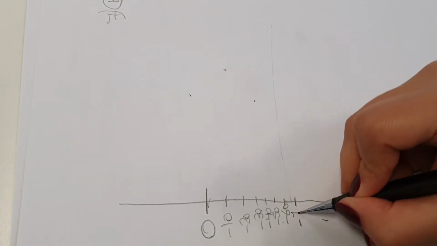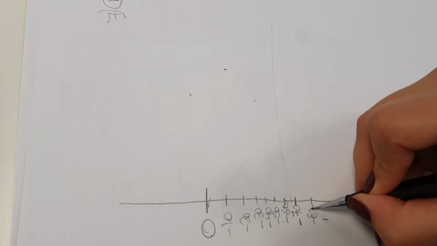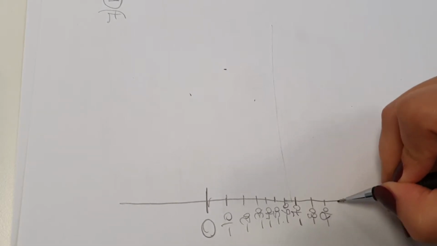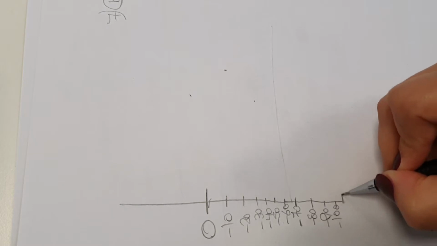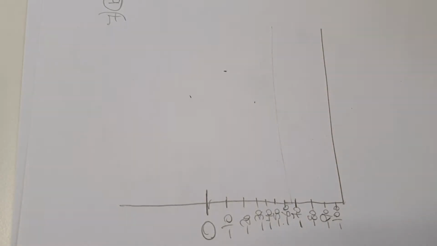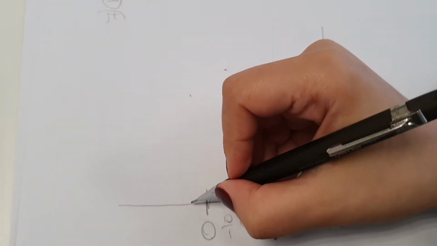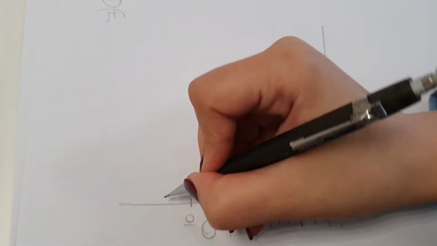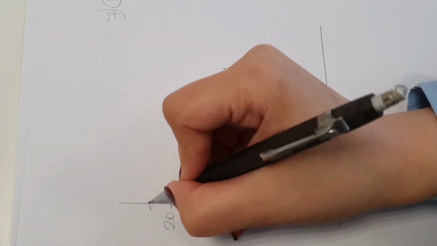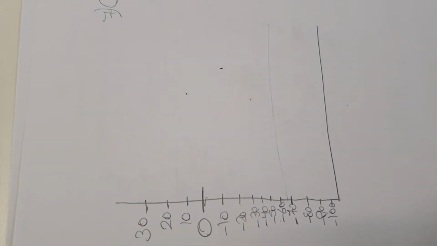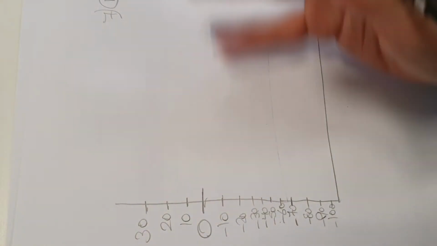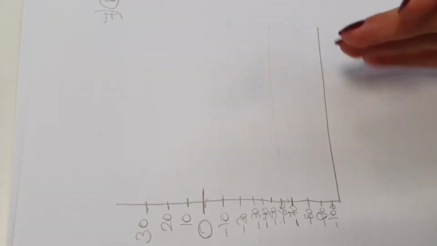Negative 70, negative 80, negative 90, negative 100. And from the other side I need only 20, so I can stop at 30. Okay, in the exam you will have a graphing sheet. It will not be like that.